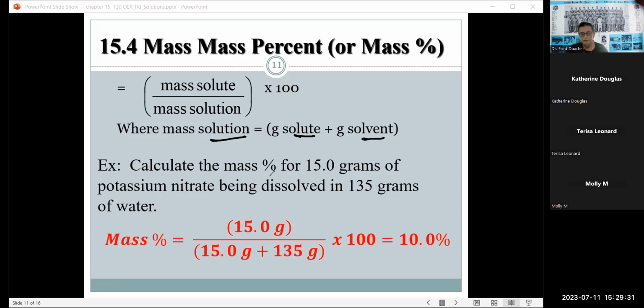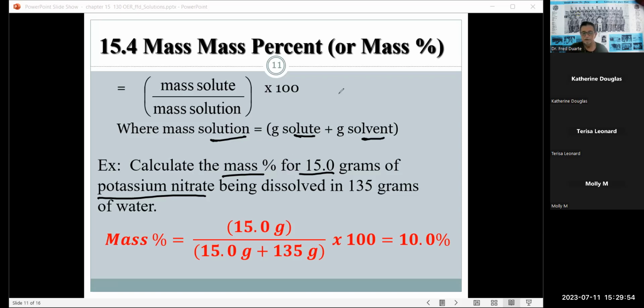So let's calculate the mass percent if you take 15 grams of potassium nitrate. Now here, we don't care what the chemical is. It could be any chemical. So we don't really need the structure of the chemical at all. All we need to know is the mass of the water, in this case, and the mass of the solute.